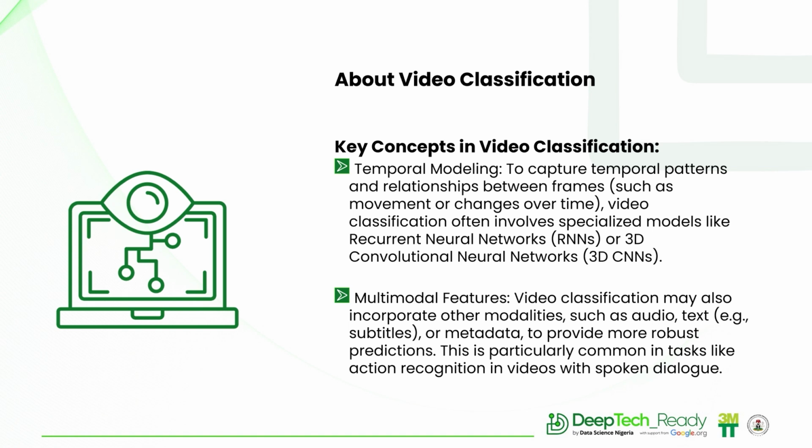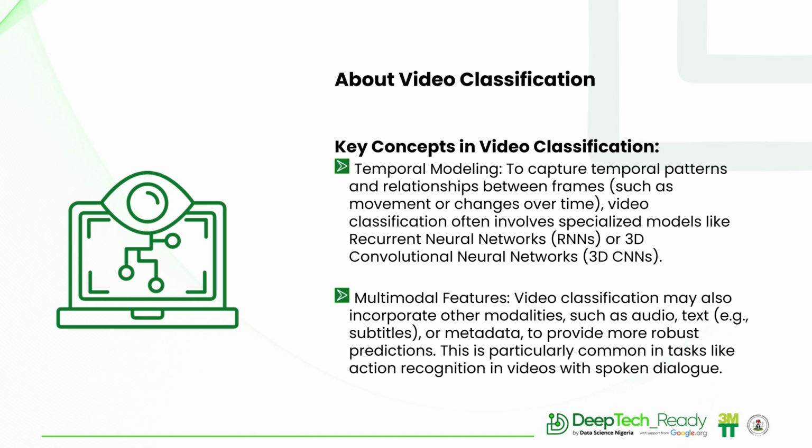Then we also have multimodal features that you need to be aware of. Multimodal features basically implies video classification may also incorporate other modalities such as audio, text, subtitles, or metadata to provide more robust prediction. This is particularly common in tasks like action recognition in videos with spoken dialogue.